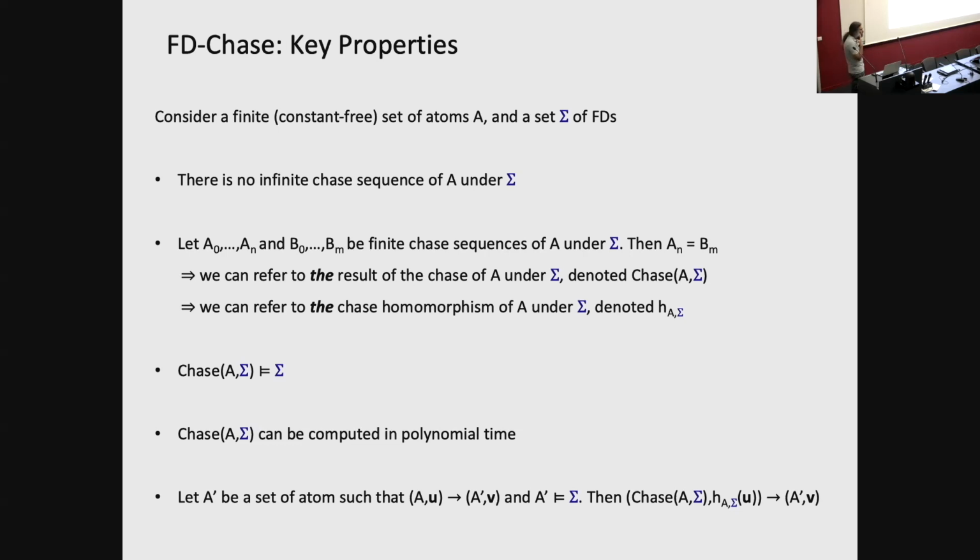So this is the key property, which essentially tells us that what the chase builds is this representative set of atoms that it's a representative for all the sets of atoms that satisfy a given set of functional dependencies. I hope it's clear what this says. And as I said, although everything is useful here, this is the crucial property that makes the chase such a useful tool, which appears naturally when we reason with constraints.